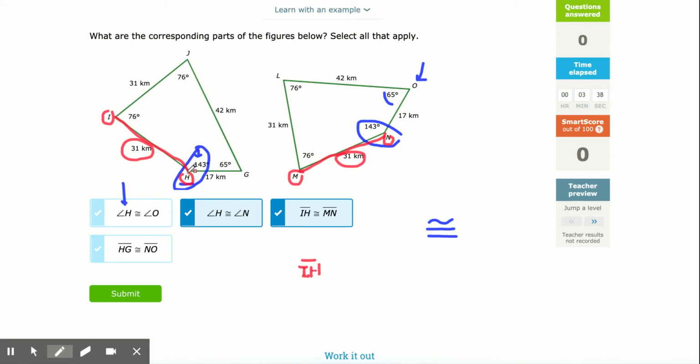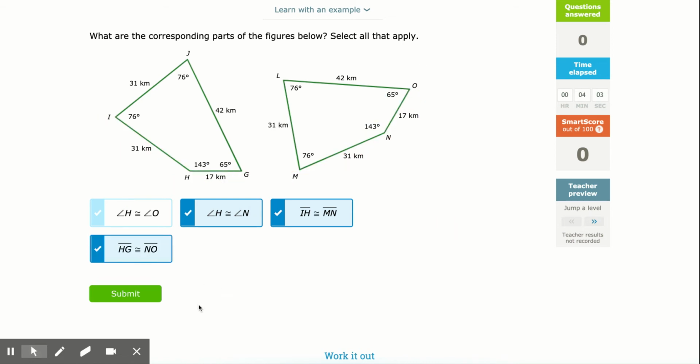HG, that's from H to G, this side here. That length is 17, and side NO, from N to O, is also 17. So yes, that is also congruent. The only one that wasn't was the first one.